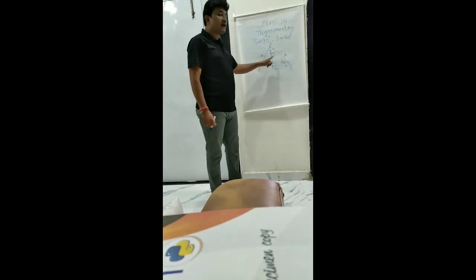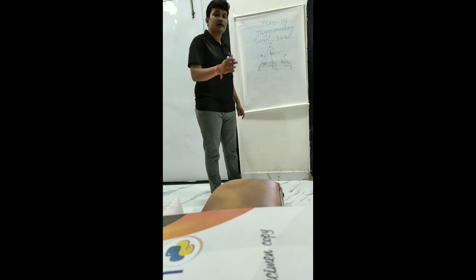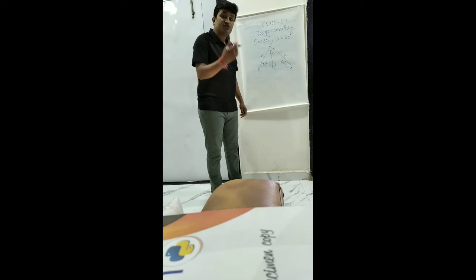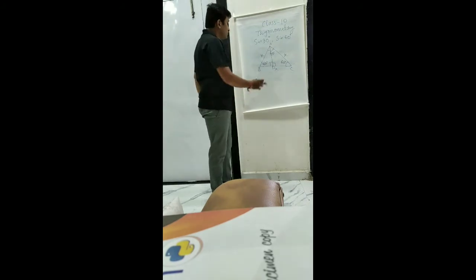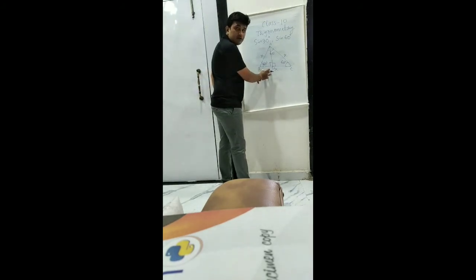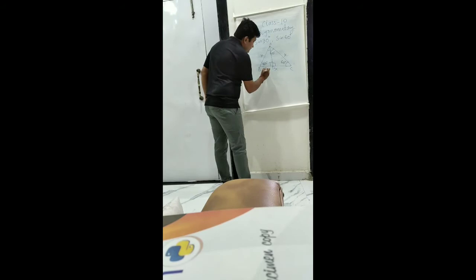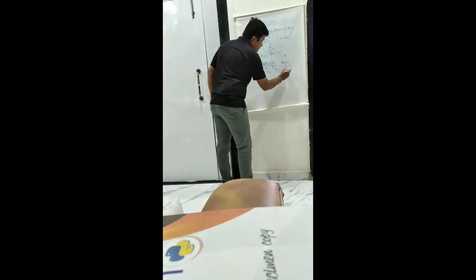So we can use the RHS congruence rule, and because of it these two triangles are congruent. By CPCT, corresponding parts of congruent triangles, BD equals DC, and as the total is x, this is x by 2 and this is also x by 2.